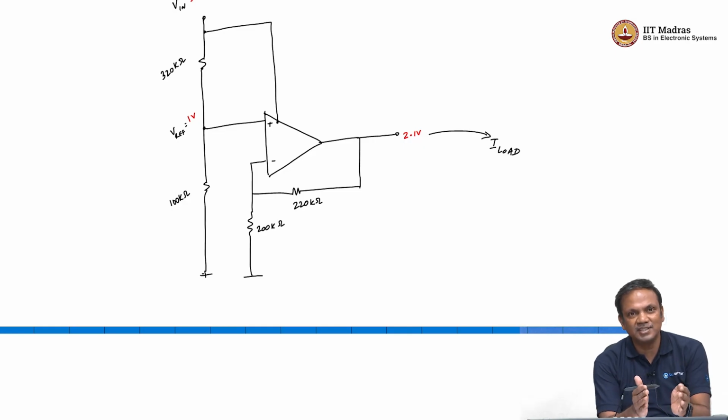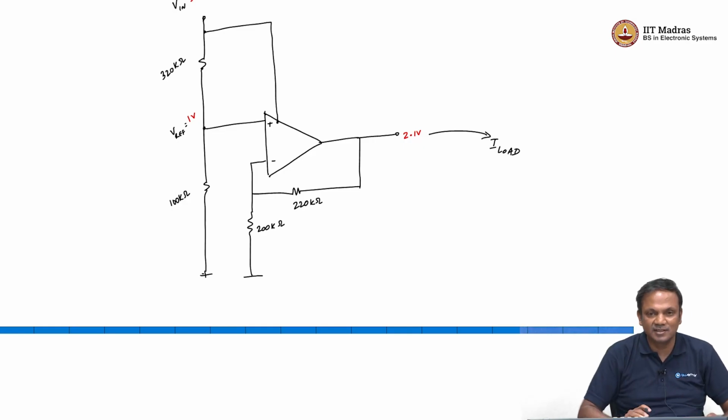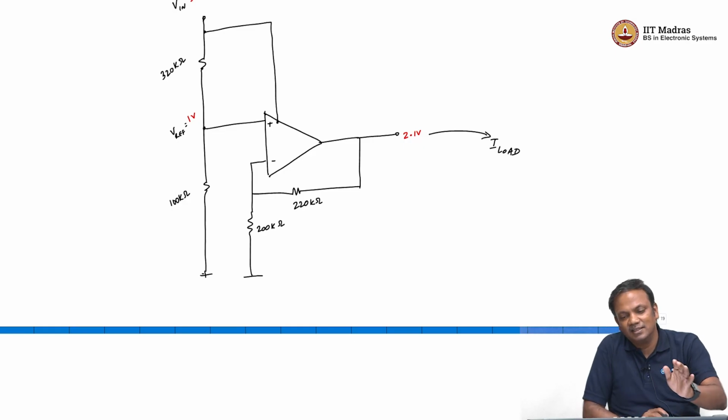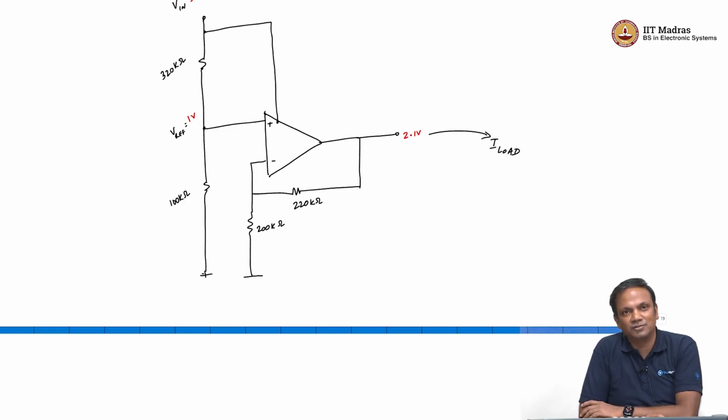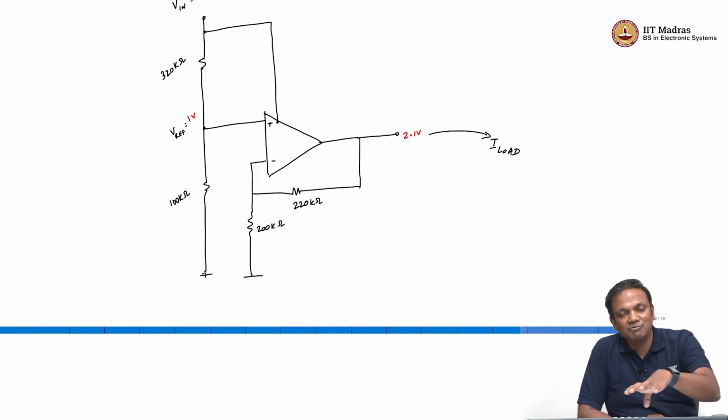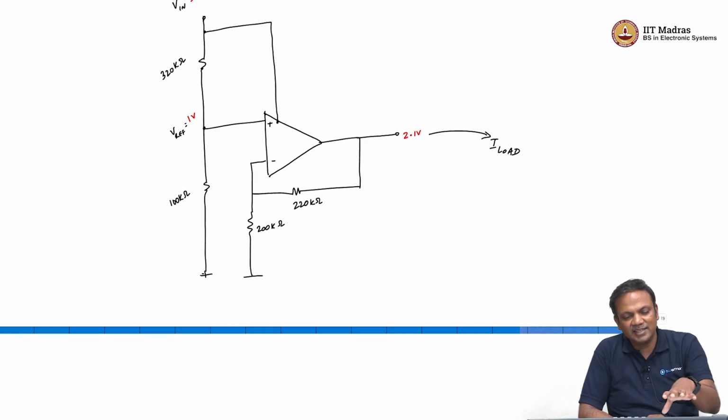So, the reference generation portion of the circuit is now isolated from the current providing portion of the circuit. So, load regulation can be very good while maintaining a very low standby current. So, in this case standby current will be, let us say the LDO, we keep it active at all times.